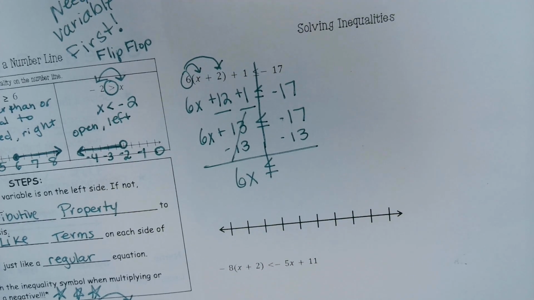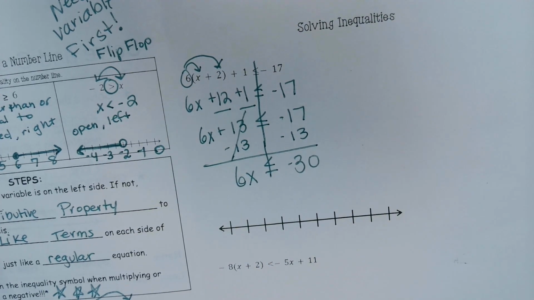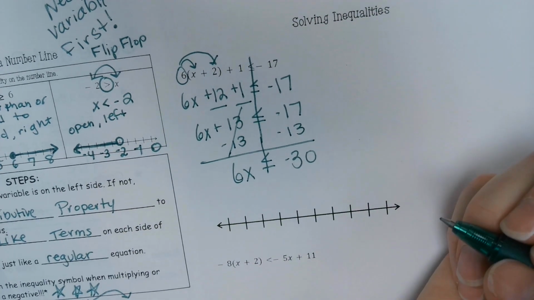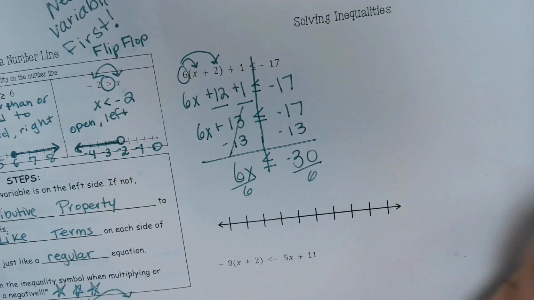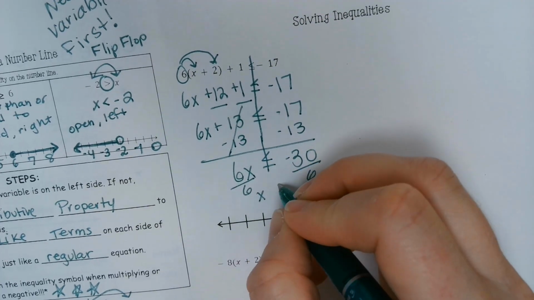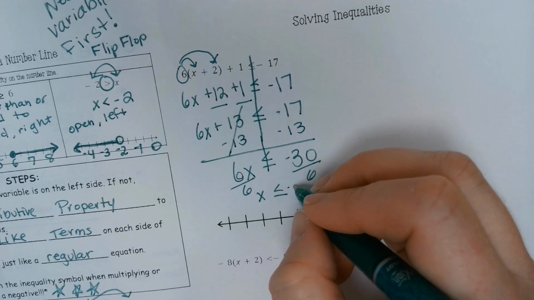What does that make? Negative 30. And then, last step. Divide by 6. So x is less than or equal to negative 30 divided by 6, negative 5.